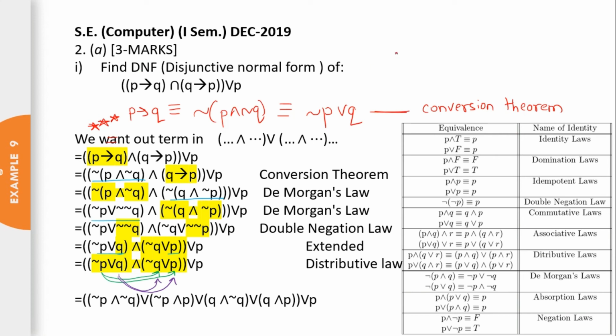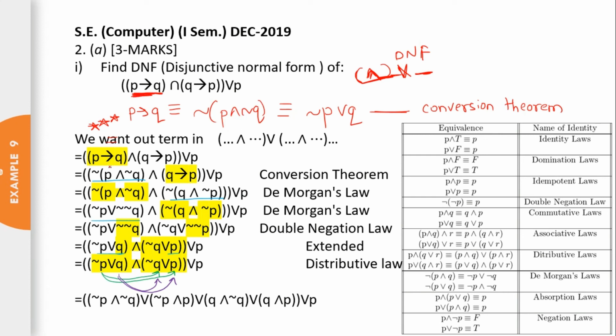Now what we have to find? We have to find a DNF. DNF is disjunctive normal form, meaning OR of your terms. Here inside each term we should also have the AND. So for this term we will look for anything which is in the AND format.